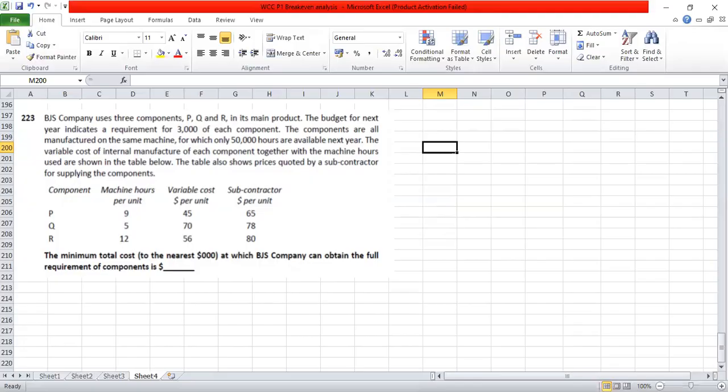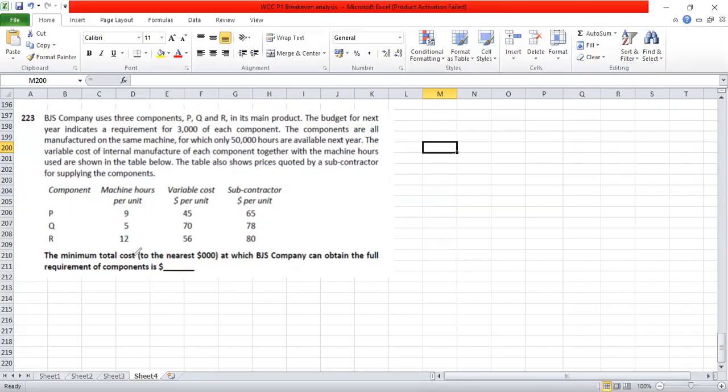It's a combination of linear programming plus a make or buy situation, because the components are all manufactured on the same machine for which only 50,000 hours are available next year. The variable cost is given, along with the machine hours in the table below.